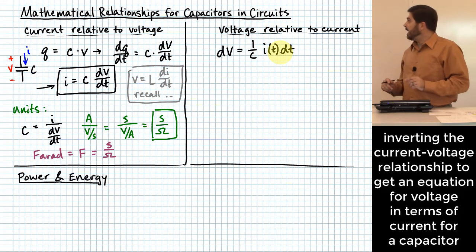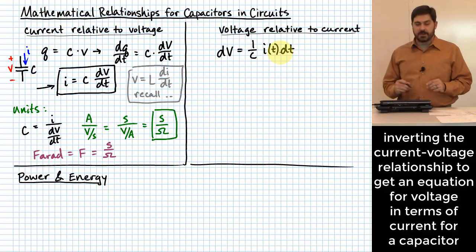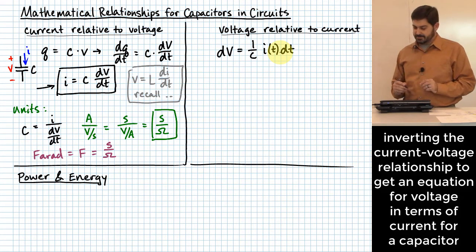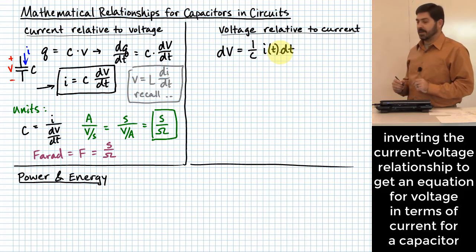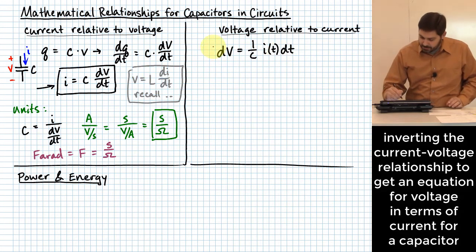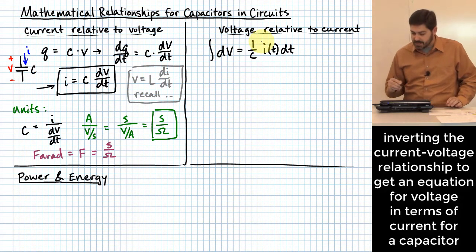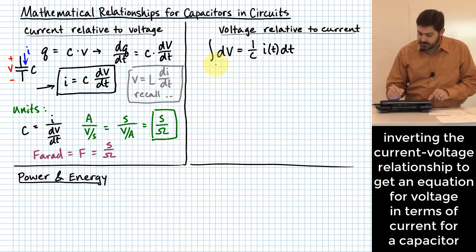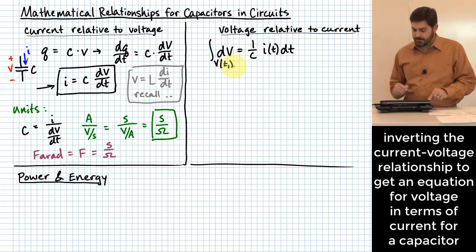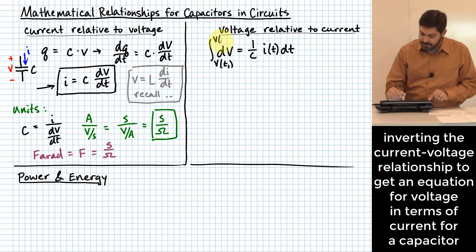Now that I've put that expression up there, what do you think I might do next? What if I integrate both sides? If I integrate the left side, I would want to do that from a voltage that I would have at one time to a voltage that I would have at another time.